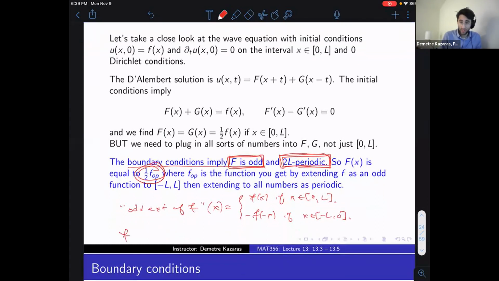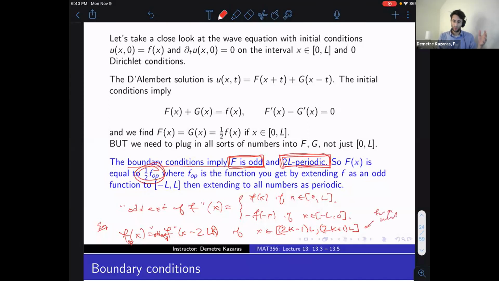So, for example, f sub OP of x is equal to the odd extension of f at x minus 2L times k, if x is in the interval (2k minus 1)L to (2k plus 1)L, for a whole number k.